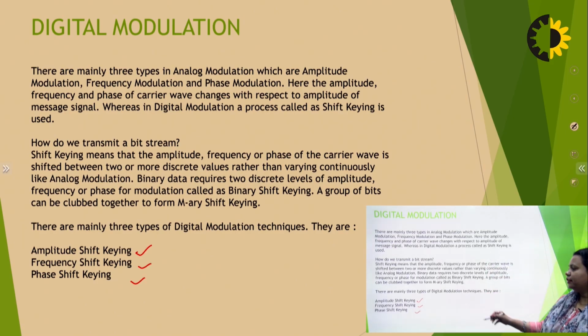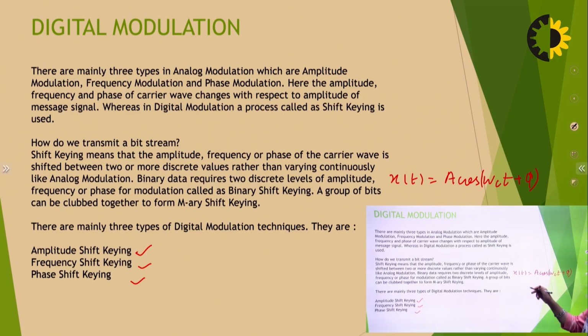Why only these techniques? Because any basic signal can be represented like this: x(t) = A cos(ωc t + φ). What is this A?